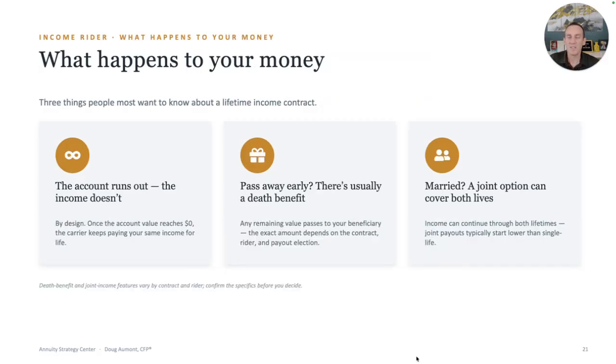And so to tie this all together, an income annuity is unique in the sense that you're going to watch that account value dwindle down. For a lot of people, this is challenging because they're not used to seeing their account values go down. Remember, for the past 30, 40 years, you've been saving, you've been watching your account values grow.